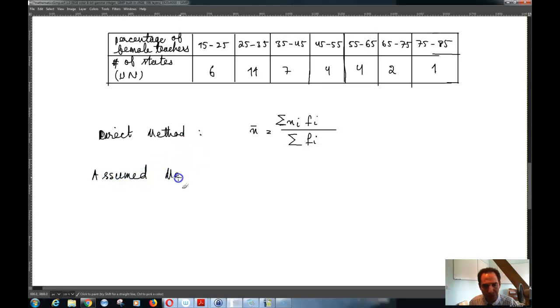In that, we took x bar as a plus sigma f of i times d of i over sigma f of i, and that was the assumed mean method.